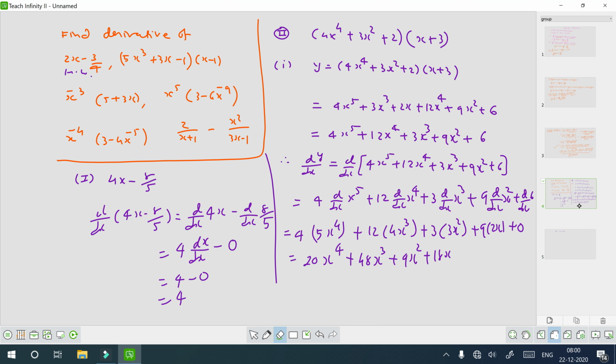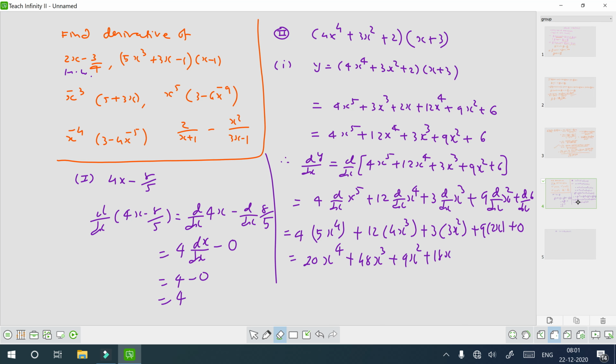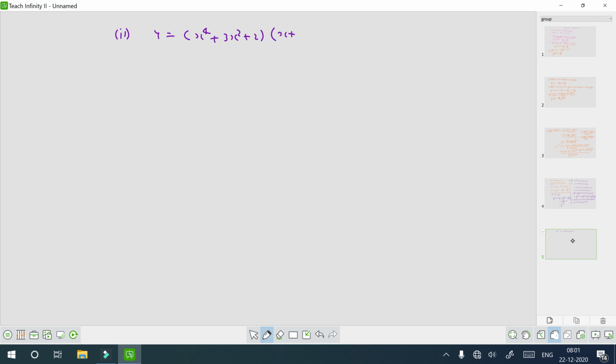Second way, y is equal to x raised to 4, let me write it, plus 3x square plus 2 into second bracket x plus 3. હવે એને ઓર્ડિનરી મલ્ટિપ્લિકેશન નથી કરતો, પ્રોડક્ટ રૂલ એપ્લાય કરીએ. ચલો, તો આને લખી શકાય, can I write dy by dx is equal to d by dx of x raised to 4 plus 3x square plus 2 into x plus 3.